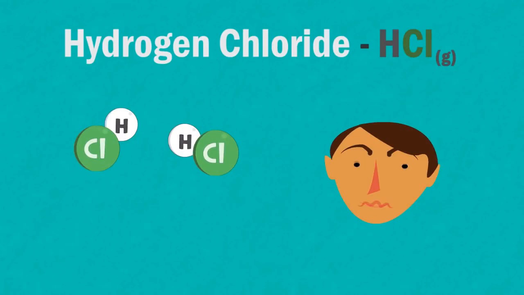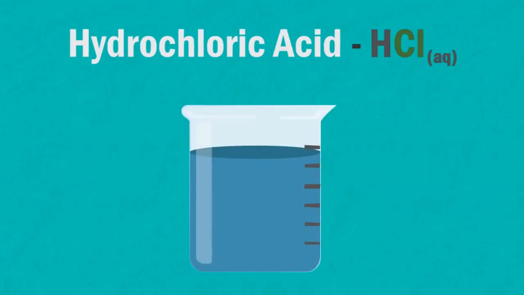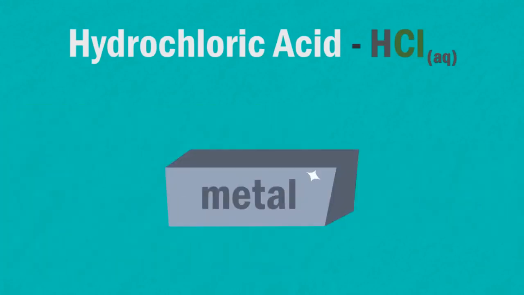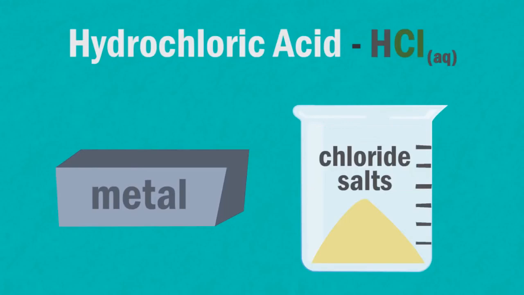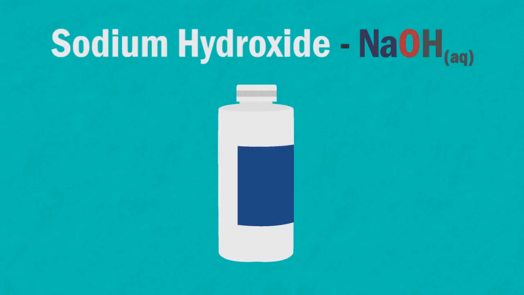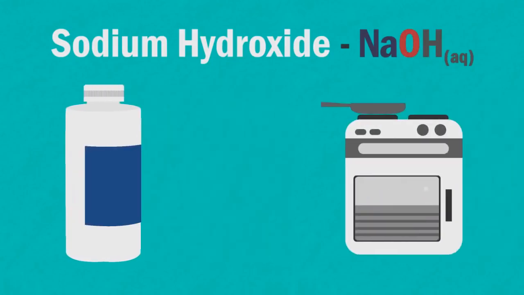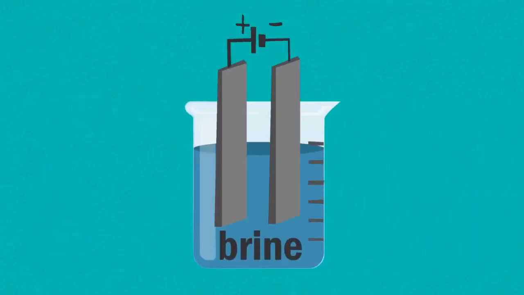It's a rather unpleasant gas, but it dissolves in water to produce hydrochloric acid, which is a very useful acid. It too can be used for cleaning metal, but it is also used for producing chloride salts. Sodium hydroxide is another cleaning product, and the most common use for it in the home is for cleaning ovens and unblocking drains. That's a rather amazing collection of uses from our original brine.